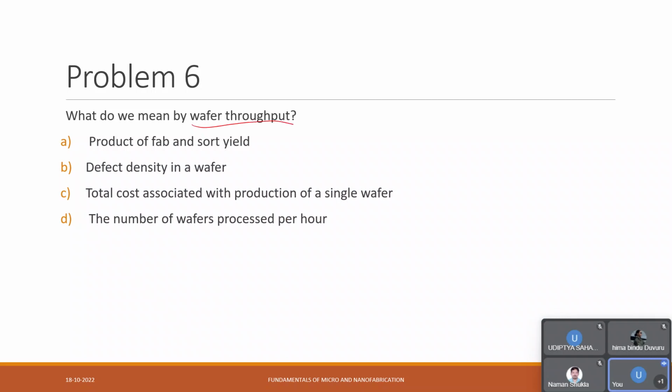Throughput is something people now talk about through high throughput systems, and it is related to scale up, or how we can multiply things. So option D is the wafer throughput. It means how many wafer operations are done per hour.